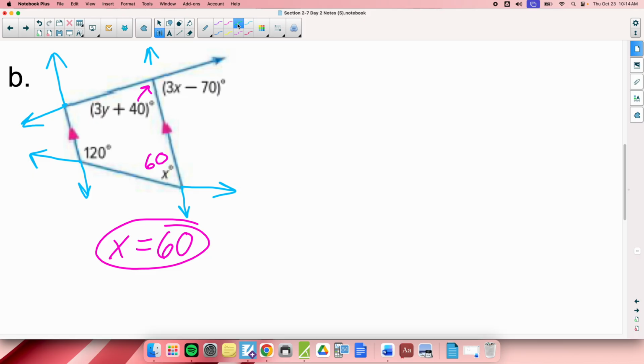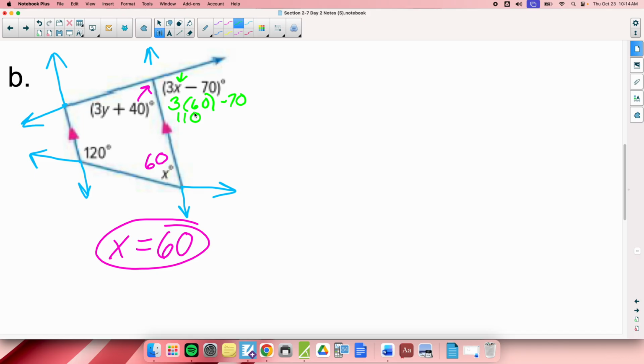And now I know that x is 60, so do you agree I could put x in there and find what that angle is? 3 times 60 minus 70 is 180 minus 70, which is 110. Do you get that? So this angle is 110.